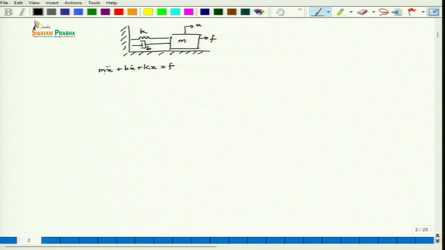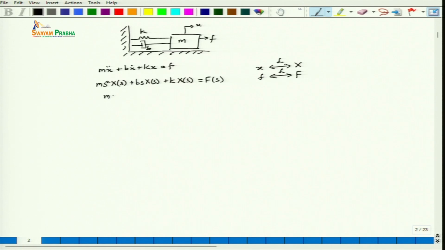Now we can perform the Laplace transform, and as discussed in the last lecture, for x double dot, the double derivative, we will multiply by s square, and for a single derivative, multiply by s. So here for x the Laplace transform is X, and for F the Laplace transform is capital F.